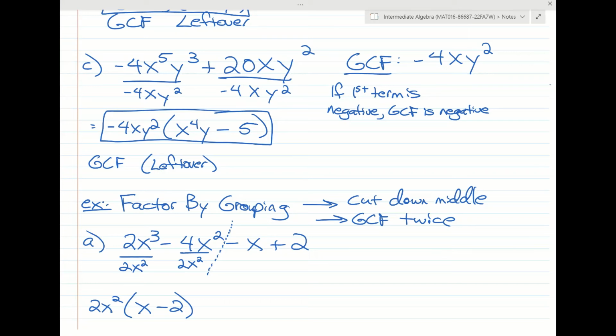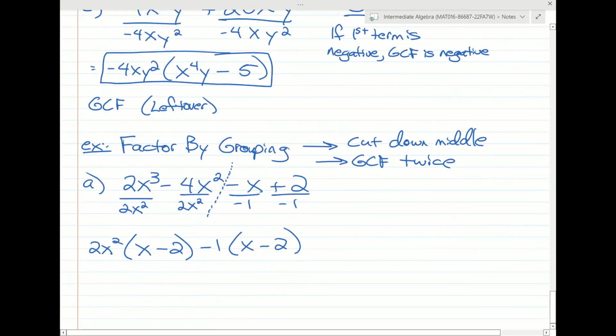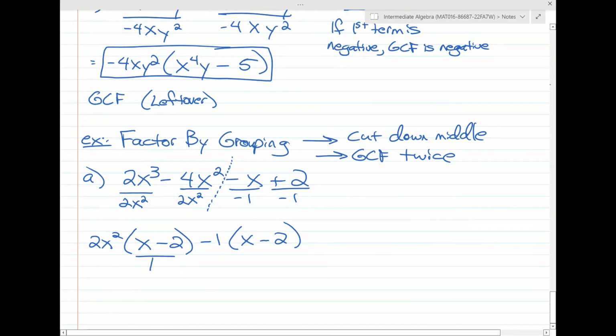And then the second group, the GCF between -x and 2, is probably just going to be -1. Remember the GCF has to be negative if the leading term is negative. And then we just get x minus 2. We know we did this correctly if these are the same.